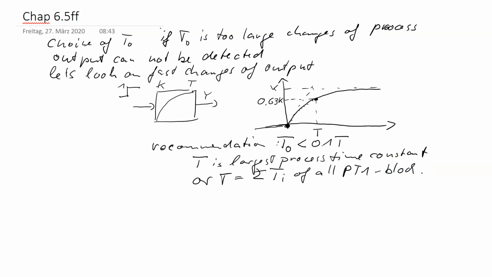Then you make no big error. That is a good recommendation. So I think, if you select your sampling time 10 times smaller than the largest process time constant, then this is a good way. That's the first recommendation.